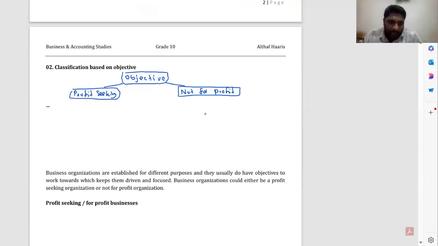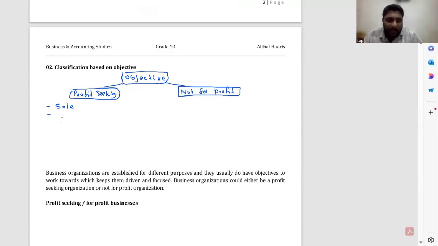So here also write down certain examples. Sole trader businesses, like the next door grocery shop owner. He is the only owner of the shop. So why is he running the shop? Because he wants to make profits. He is a profit seeking business.